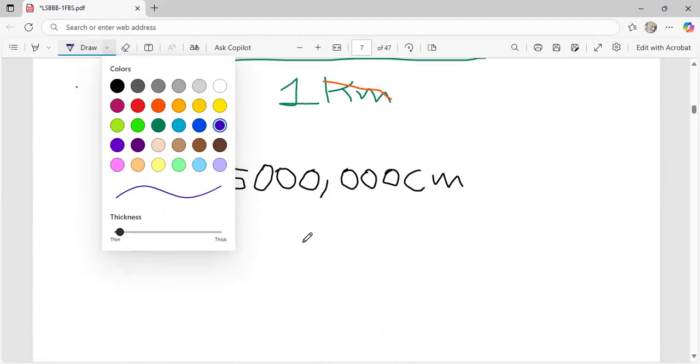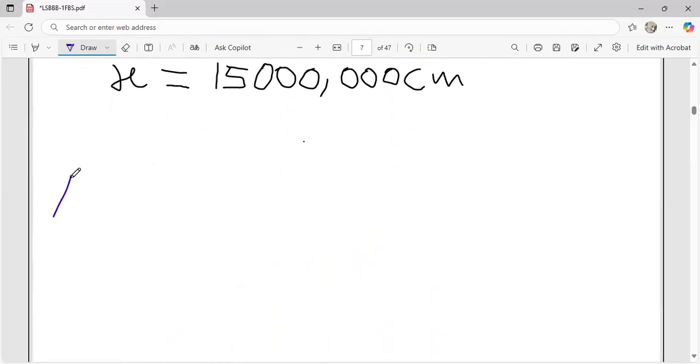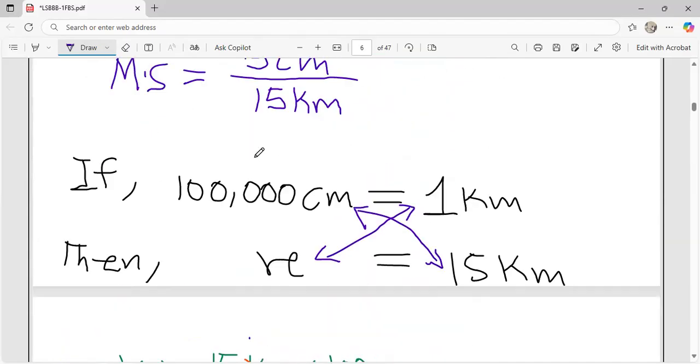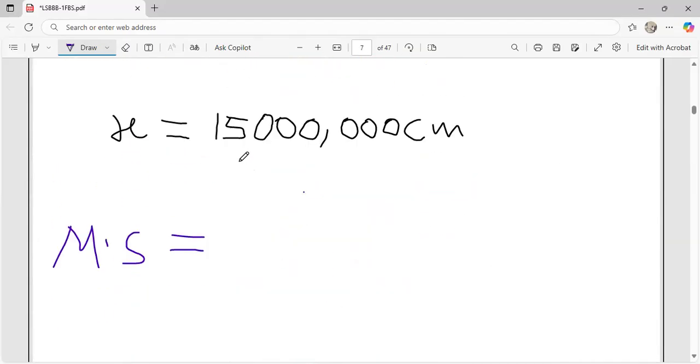So now that we know that x is equal to this value, finally we can say that our map scale is equal to what? 3 centimeters over 15 km. Look at it. Initially it was 3 centimeters all over the 15 km.